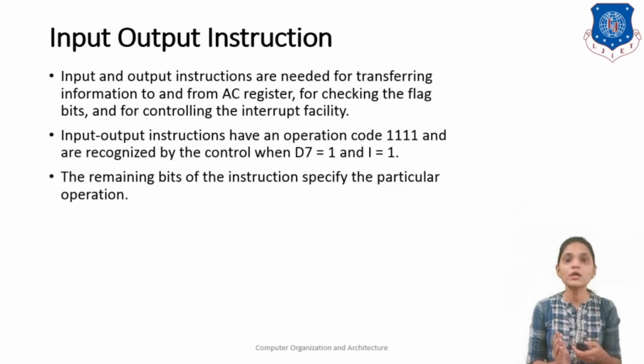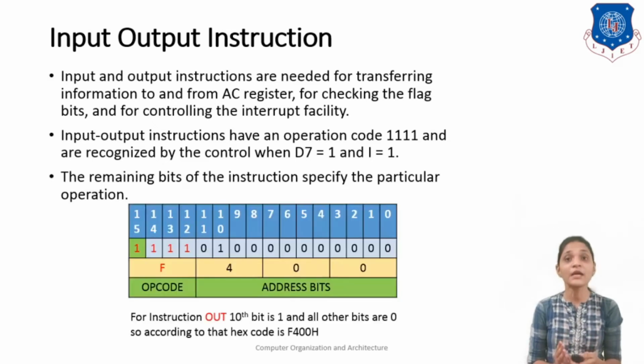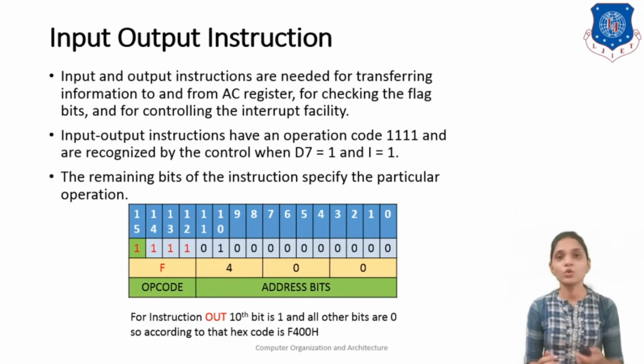The remaining bits of this instruction specify the particular operation, which input-output instruction you are going to use. We have a total of 6 instructions. For example, let me consider this OUT instruction.